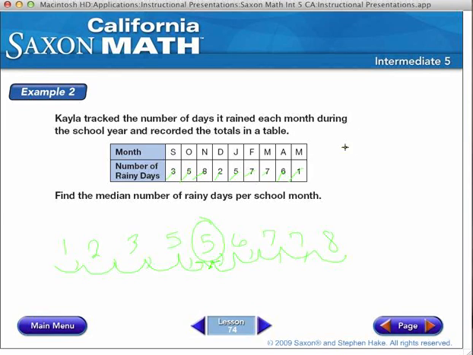So the median equals 5 rainy days. Now you do need to put your units. If you just put 5, I'm going to mark it wrong. Okay, 5 what? The median is 5 rainy days. So this then is my answer. Okay, let's look at example 3.